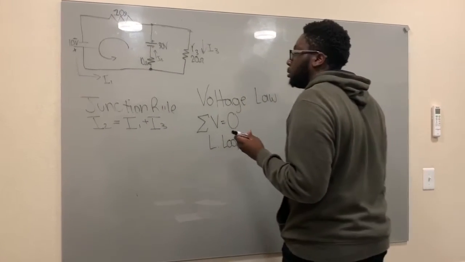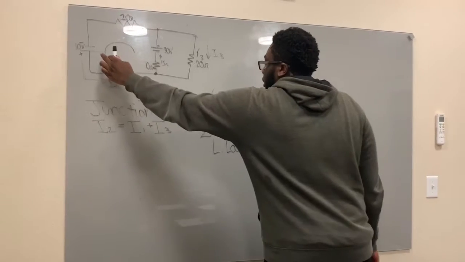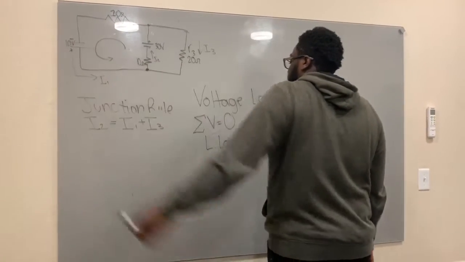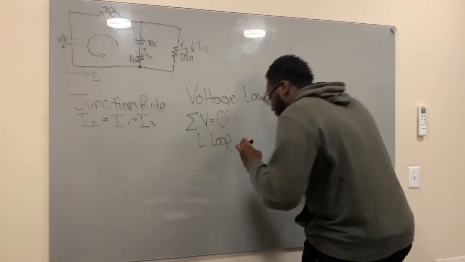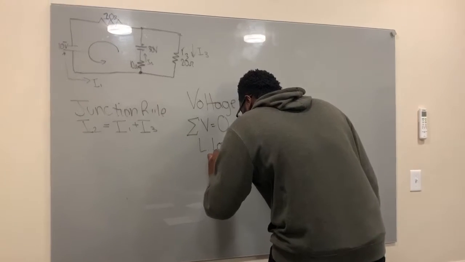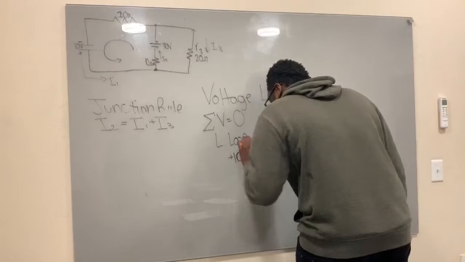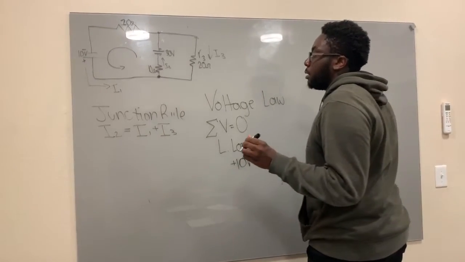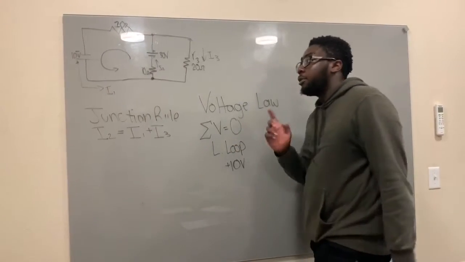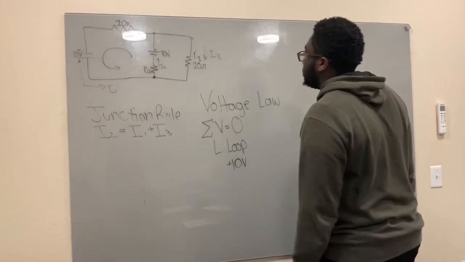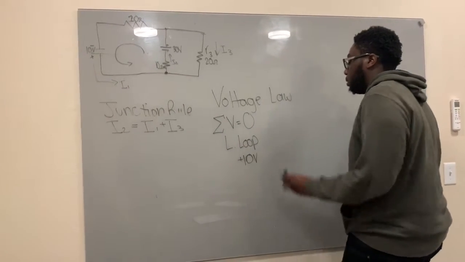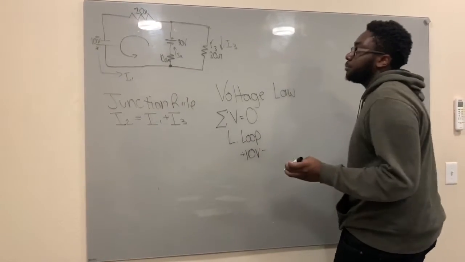All right, so if we're following our current, that means we're leaving from the positive terminal of our EMF. So we're going to have a positive 10 volts. Then from there, because we're following our current, remember current moves from high potential to low potential, so that has to be negative.